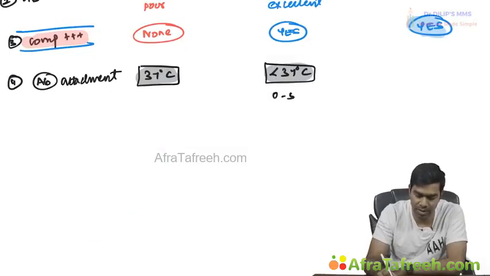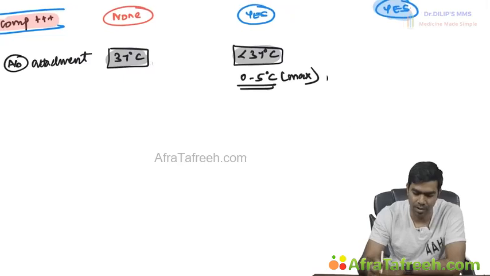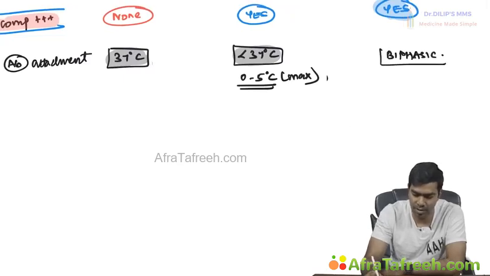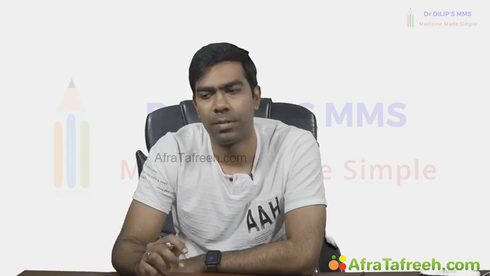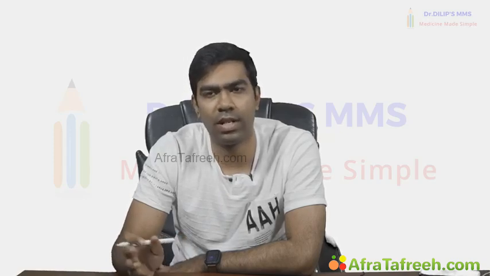So typically maximum attachment will be at 0 to 5 degrees C, but anything less than 37 degrees C, they attach much better. The more you reduce the temperature, the more they are going to attach with the target antigen, that is the RBC. But here the most important thing is that the antibody has a biphasic nature. Biphasic nature means if you cool the RBCs to 0 degrees C, it doesn't attach.